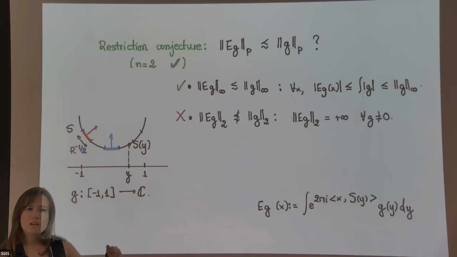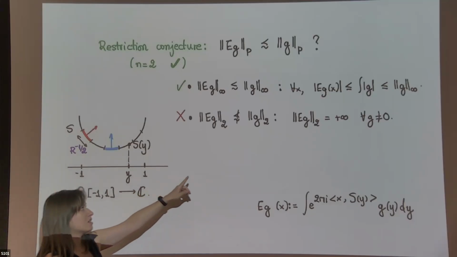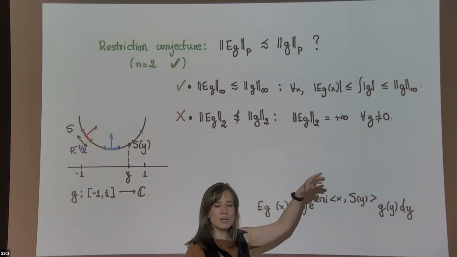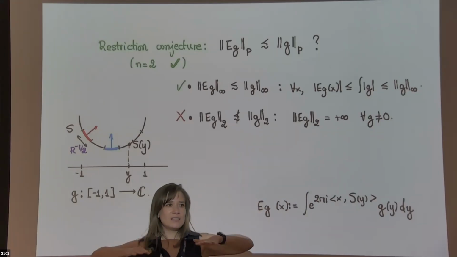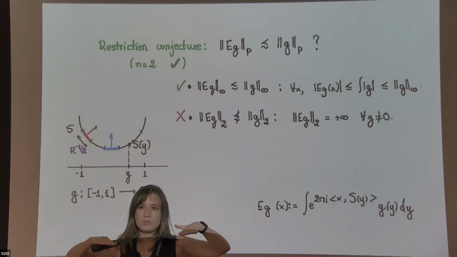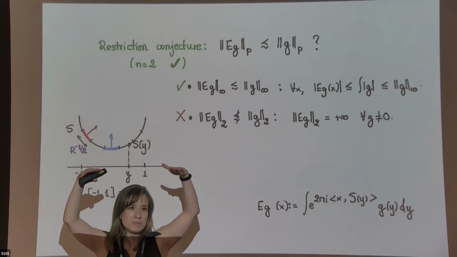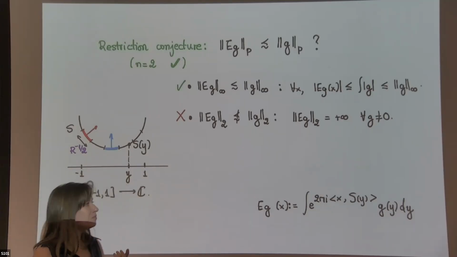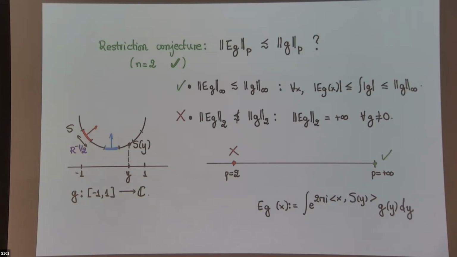So we'll explain that because we will need it in a moment. But for now, think that if this extension operator was actually the solution to the Schrödinger equation, the space-time solution, then at every time you have preservation of energy for the solution, which means that the two norm stays the same throughout time. So if you integrate over all time, you get an infinite norm. Okay, so this is the picture.